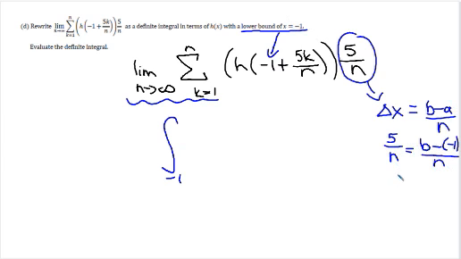So my denominators are the same, so I can set the numerators equal to each other. 5 equals b plus 1. Okay, so b has to equal 4. And guess what that is? That's the top limit of integration. Okay, and so this thing right here is just my dx in my expression.